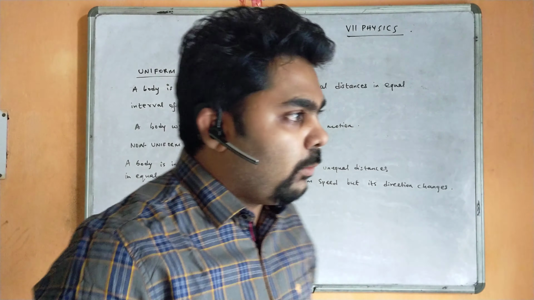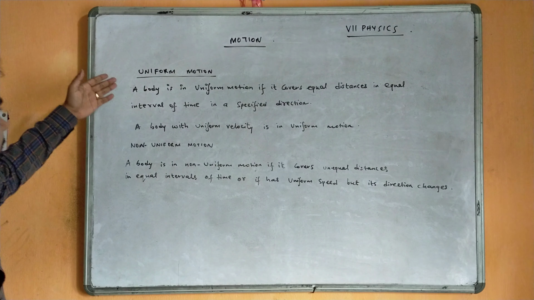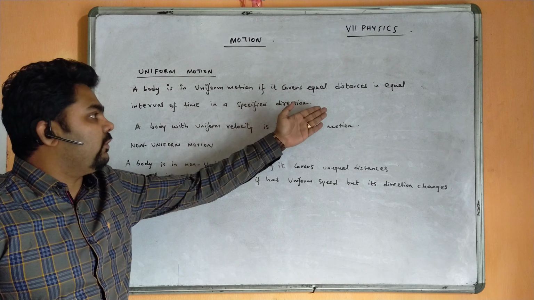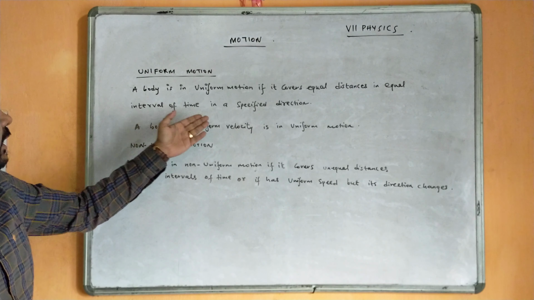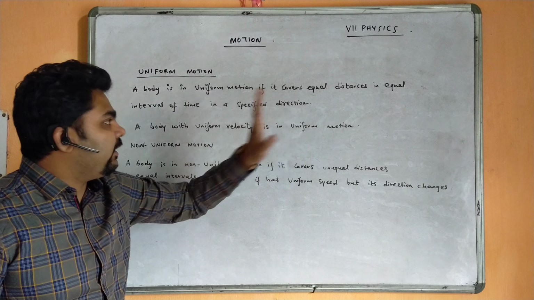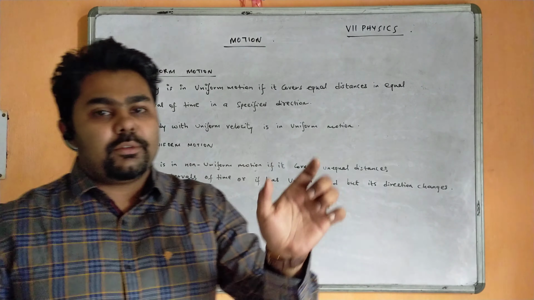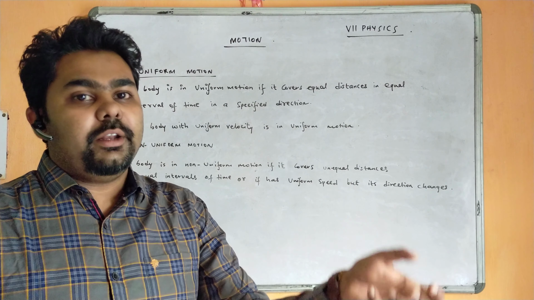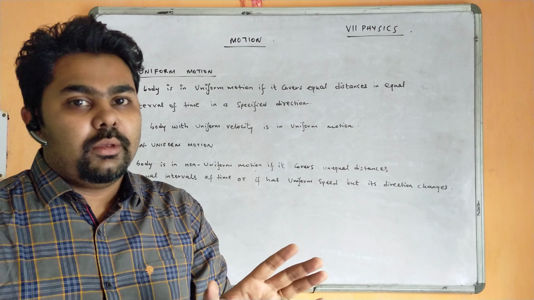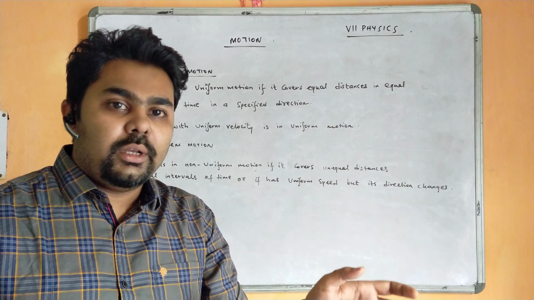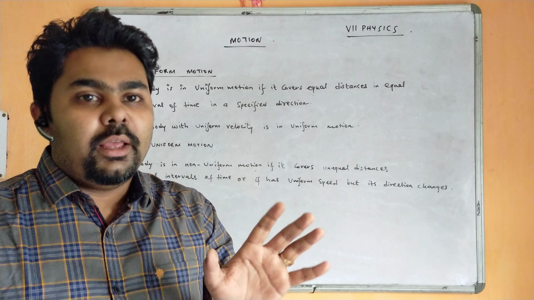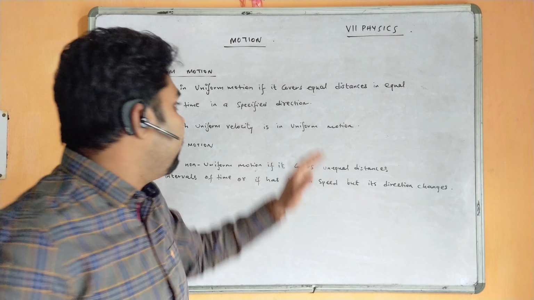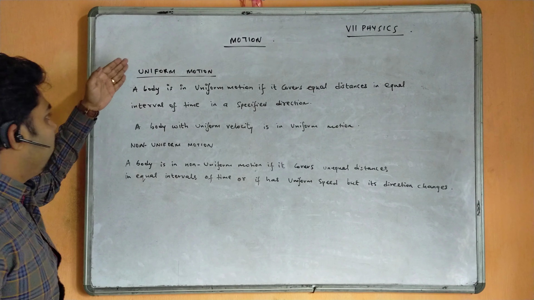Okay, so let's see what is a uniform motion. A body is in uniform motion if it covers equal distances in equal interval of time in a specified direction. That means a body is moving with equal speed, that is equal distances in equal interval of time. So the distance covered and the time interval are the same, and the car is moving in a fixed direction, so we consider it to be uniform motion.